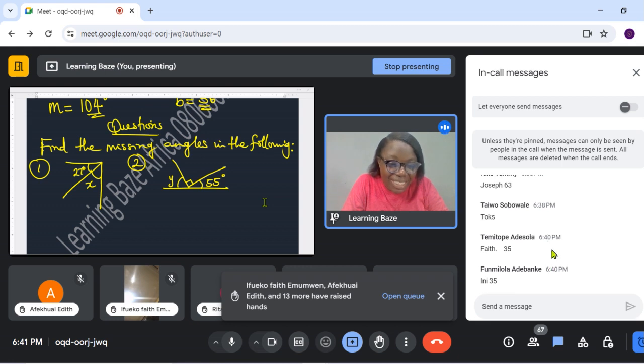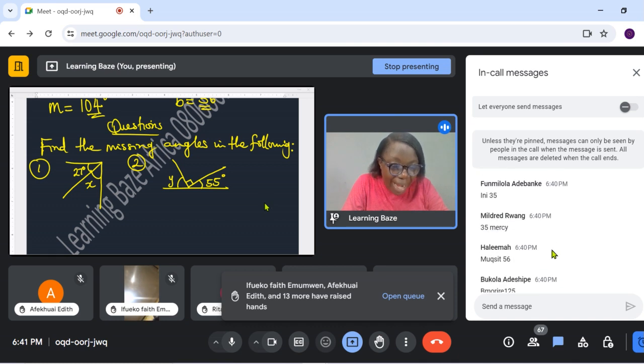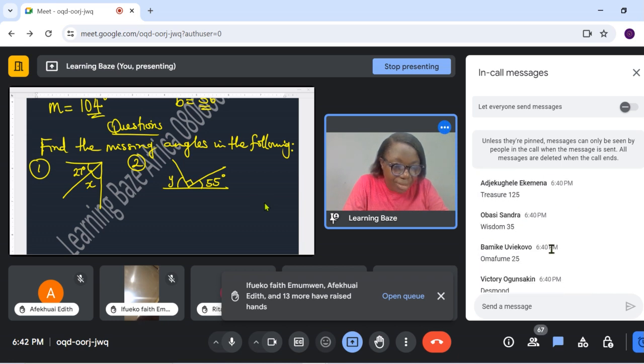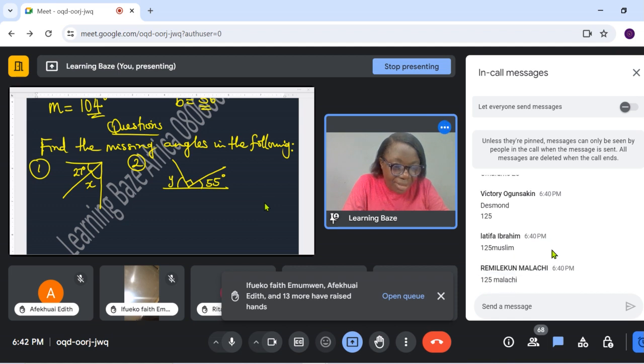I can see that students are learning. So the answer is 35. Faith is correct. Ini is correct. Mercy is correct. Muksit, you typed 56. 56 is not the right answer. Prestige, correct. Wisdom, correct. Wow.